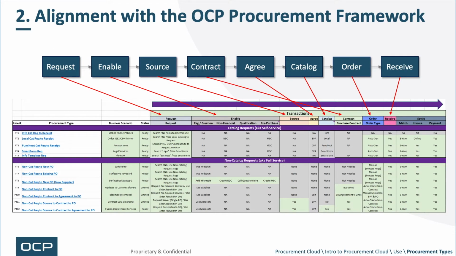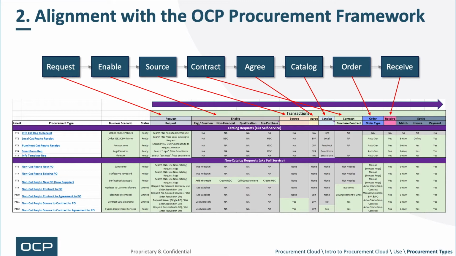Now you can see how the OCP Procurement Framework, which are those train stops, actually relates to each of the procurement types. Once again, like we said, each type of procurement within Fusion invokes, or has the ability to invoke, a different mixture of the procurement framework or of the available transactions.